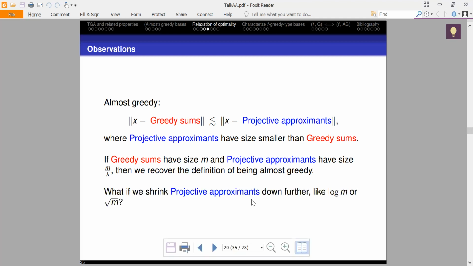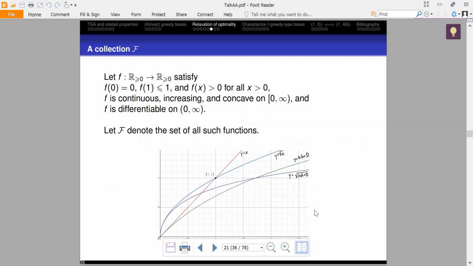So the question is, what if we reduce the size of the approximants further down to log m or square root of m? This is even worse than m over lambda. Then do we have some new greedy property? To do so, I introduce a collection of functions f.